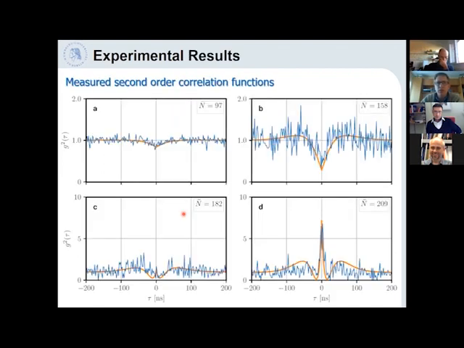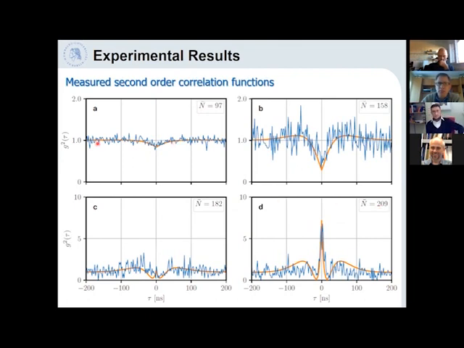So here I show you the experimentally measured second-order correlation functions, G2, as a function of time delay for a varying number of atoms. This is the mean number of atoms along the fiber, varying from 100 to 200 roundabout.